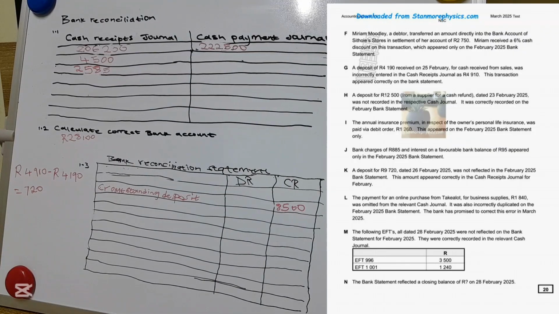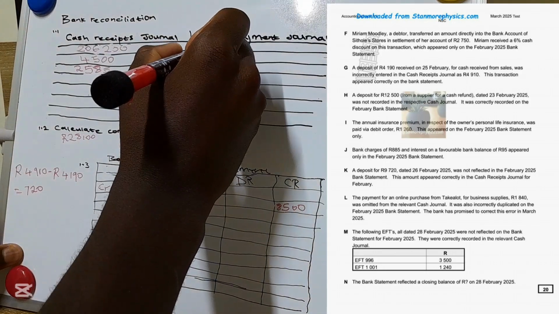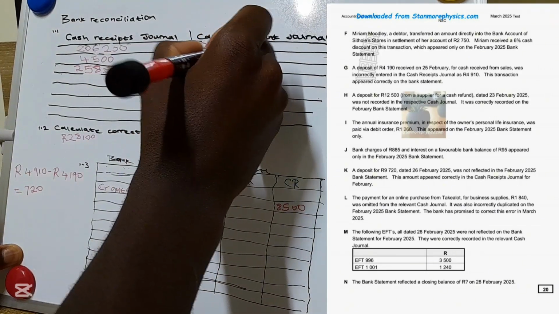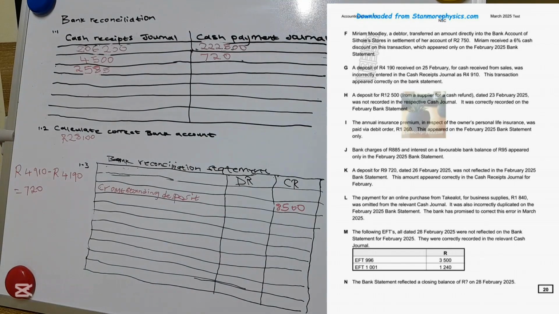So we are going to record this amount under cash payment journal. Why? We are returning that amount since we recorded more on our books. We recorded 4,910 instead of 4,190. So to cancel that amount, we are supposed to record that difference under cash payment journal, which is 720. I hope I'm clear with this one.